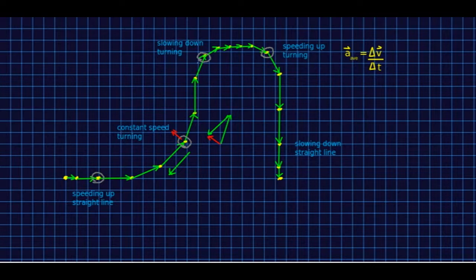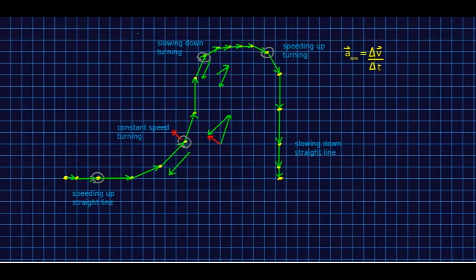Okay, now I'm going to do this part where it's turning while slowing down. So once again, I need a vf and a vi. So I'm going to copy my vf out here. And I need my negative vi, which looks like this. So I'm going to copy it over. It's roughly like that.